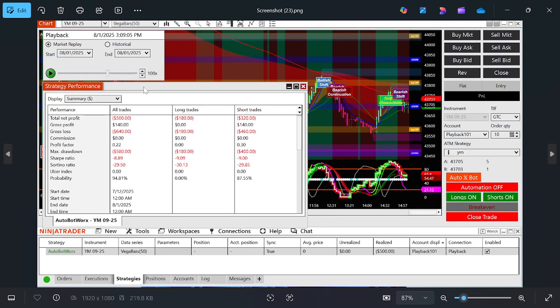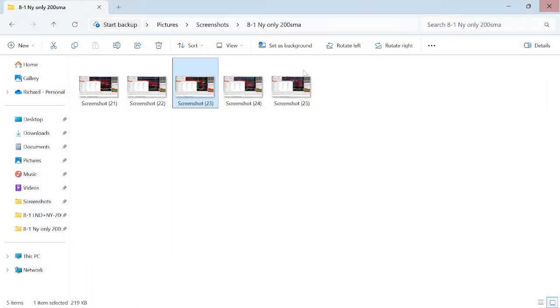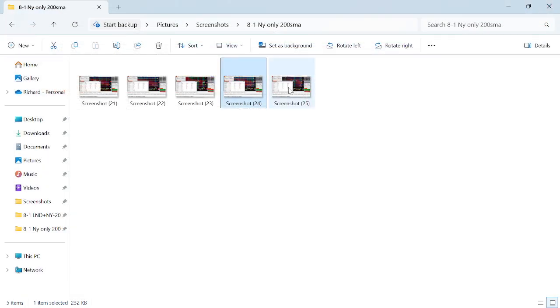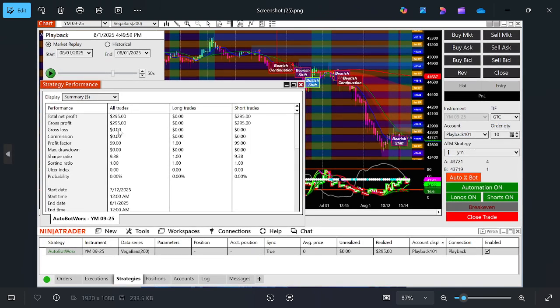Let's go in and look at the 50. The 50 actually lost money. We hit our daily loss limit there. So, yeah, no good. All right. The 100 Vegas also lost money. Again, I just don't think my trading strategy works well with the higher Vega bars, which is basically the same as a higher time frame.